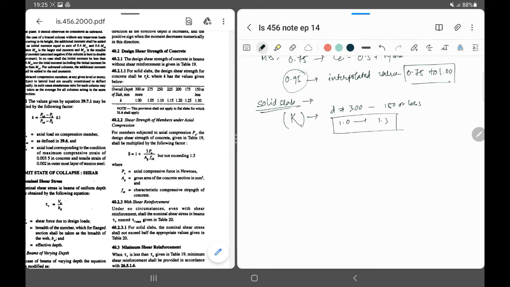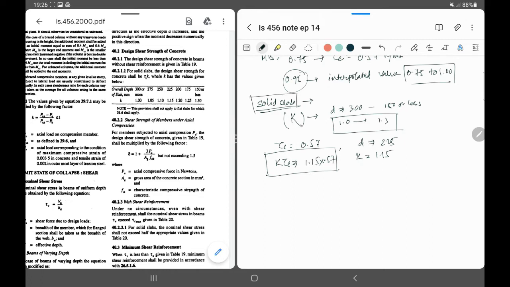Suppose your tau c value is 0.57 and depth of slab is equal to 225. Then K value is 1.15. Then K into tau c should be 1.15 into 0.57. This is how you have to find out the design shear strength of concrete for solid slab.